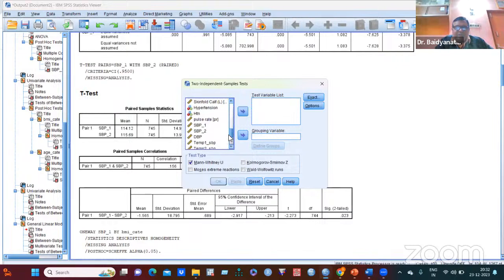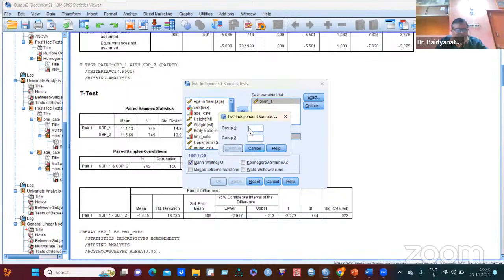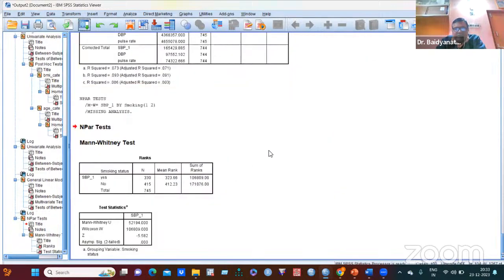So again, I put systolic blood pressure, and here the grouping variable: smoking status. Just the alternative of the independent t-test, and the groups are 1 and 2. Then continue. And Mann Whitney test is already highlighted. Okay, so go, okay. Check the result.